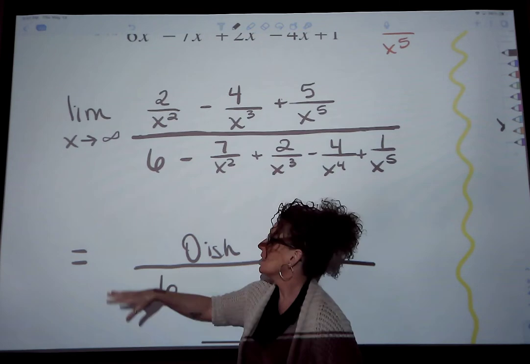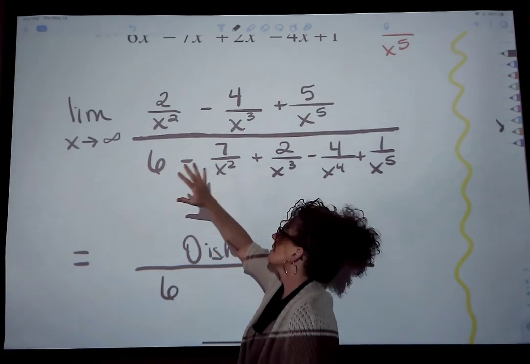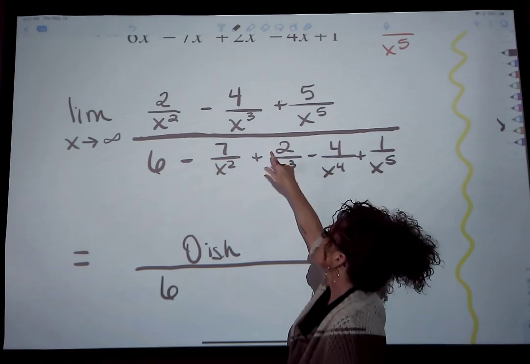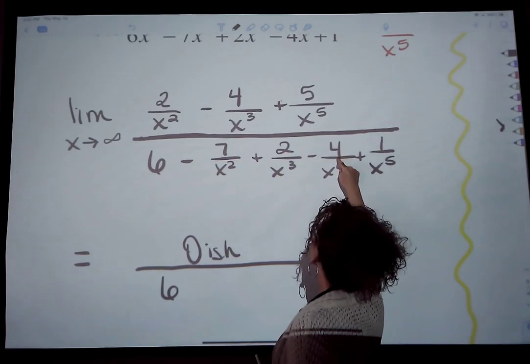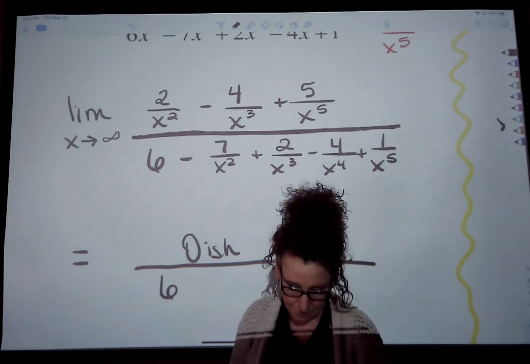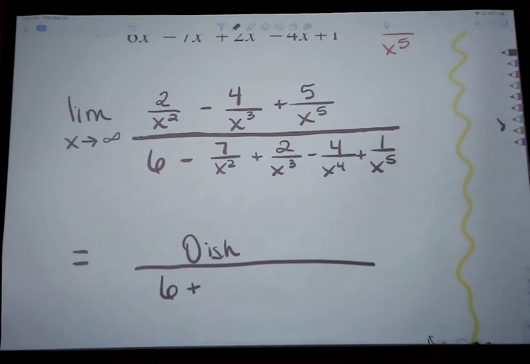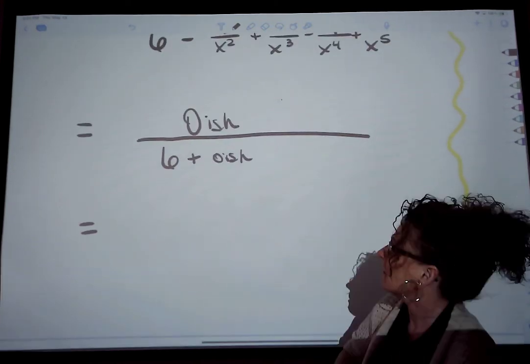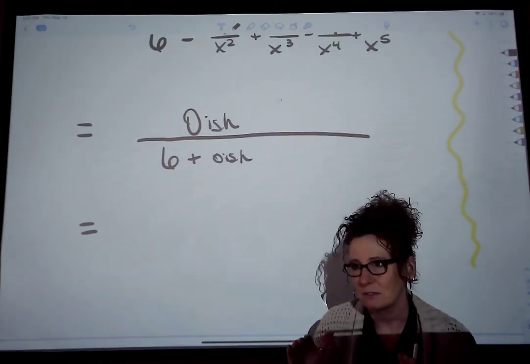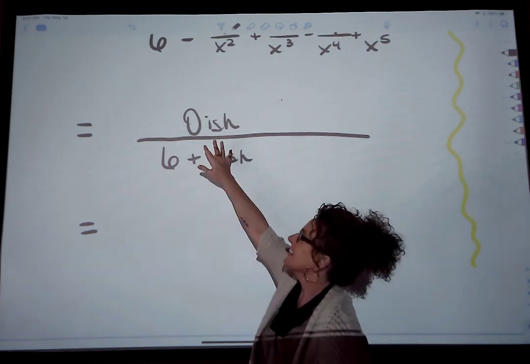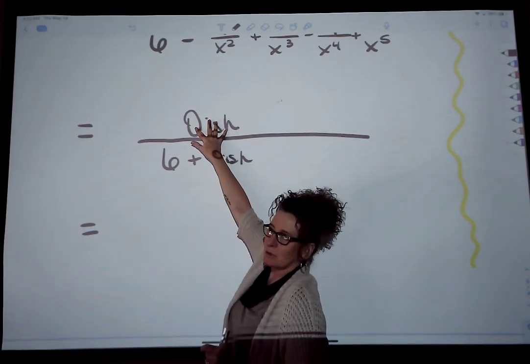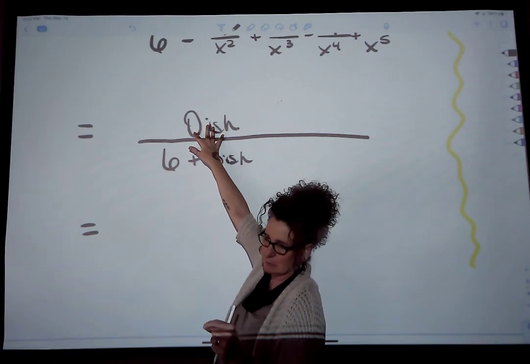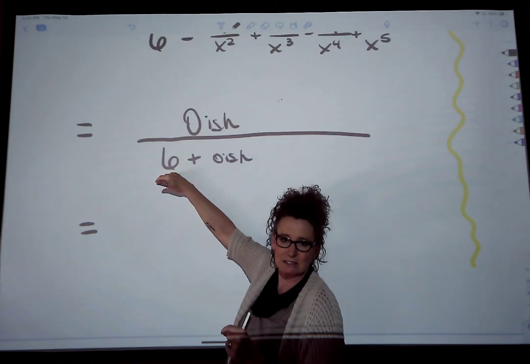Sorry, I should have said the limit of a constant. The limit is as x approaches infinity. 7 over huge, 0-ish. 2 over huge, 0-ish. 4 over huge, 1 over huge. Now, the answer is not 0 over 0. This is some very, very small number, and it just keeps getting smaller and smaller, divided by 6-ish.